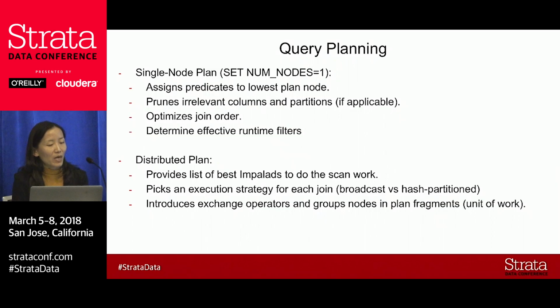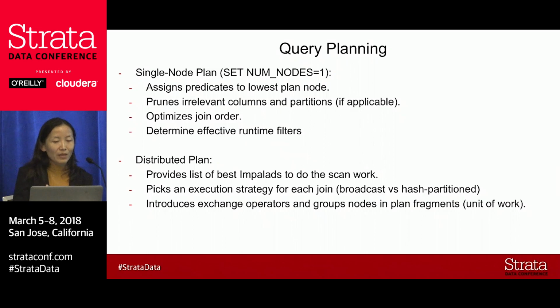So now let's talk about each part in detail, from the planning to execution. When I demoed the Impala shell, I quickly showed that you can have a single node plan and you can have a distributed plan. The reason is we want to start simple. We want to start with a single node plan to see how we can break down a query into an execution plan to run it.